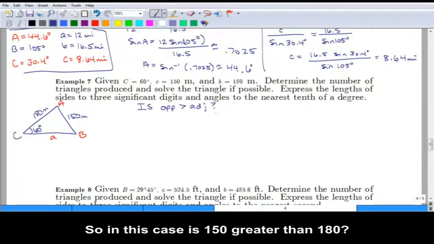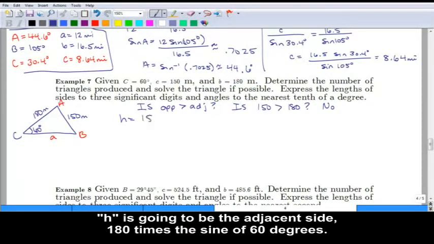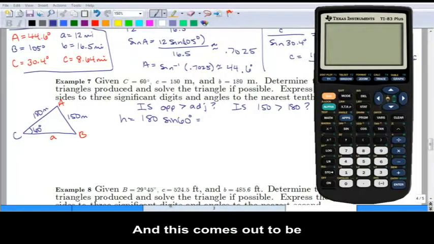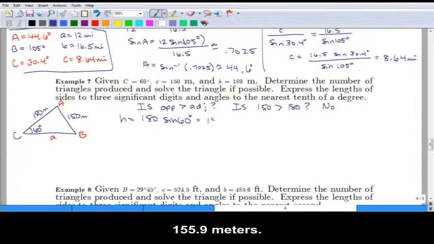So in this case, is 150 greater than 180? Well, no. So we need to find h. H is going to be the adjacent side, 180 times the sine of 60 degrees. And this comes out to be 155.9 meters.